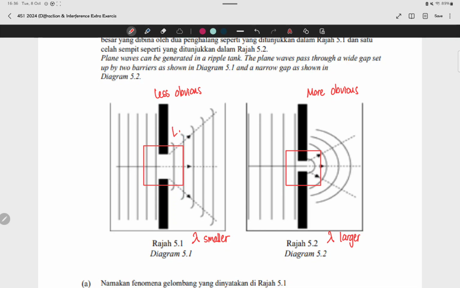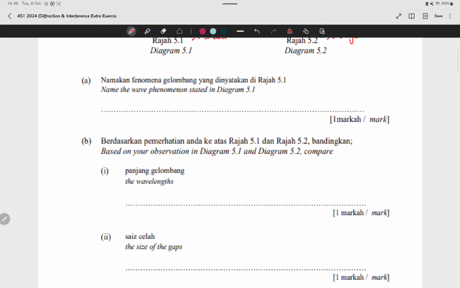Here is a large slit, while here is a smaller slit. So this is the information that we can get from the question. Now we move on to question A.